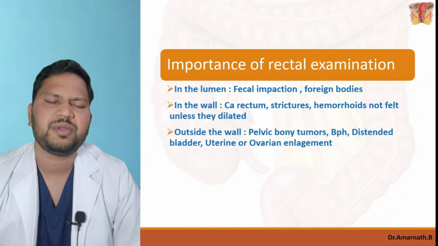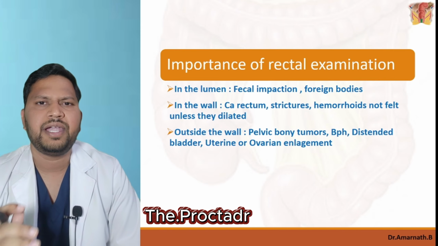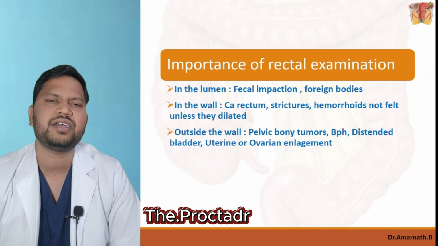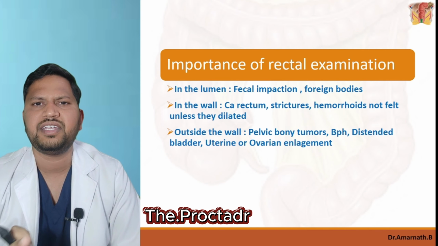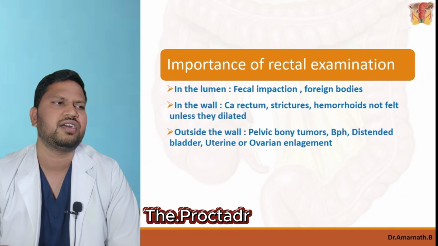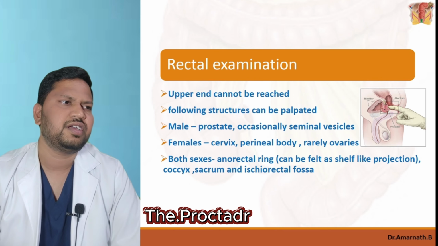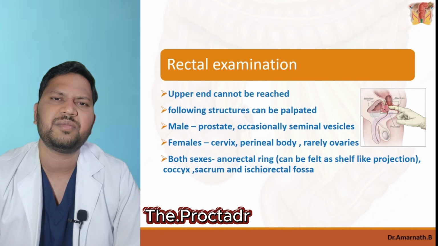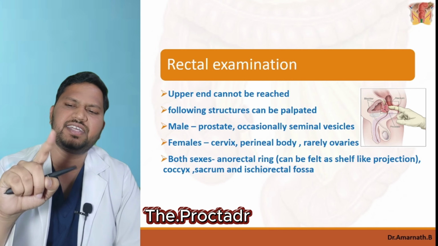Coming to the rectal examination: when we study the anatomy of the rectum, it is better to know about the rectal examination, and it is important to find any diseases related to the rectum and anal canal. We also call it the digital rectal examination, because we do the examination with the digits, that is, finger digits.